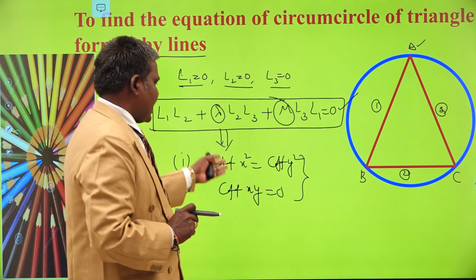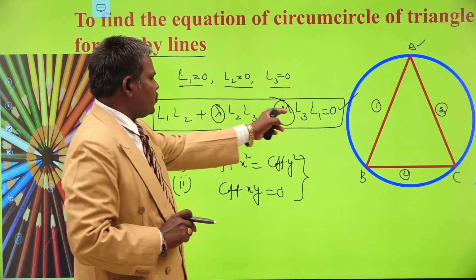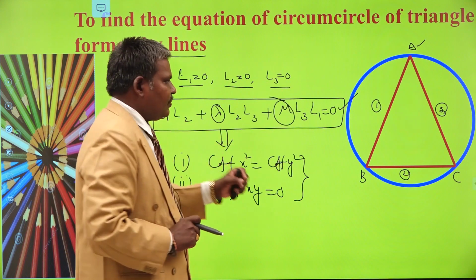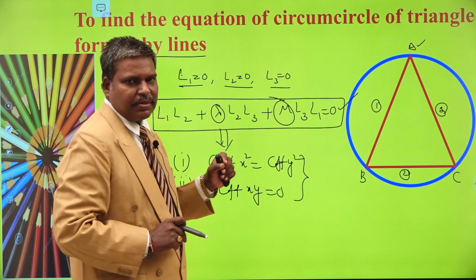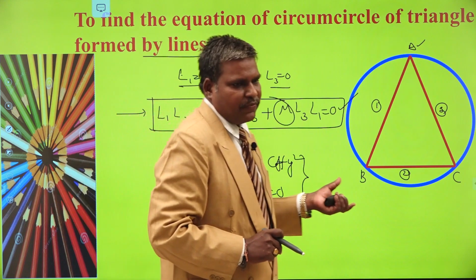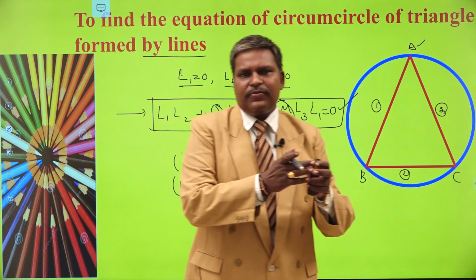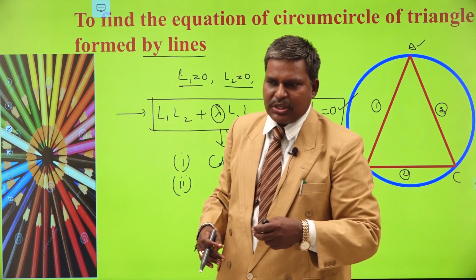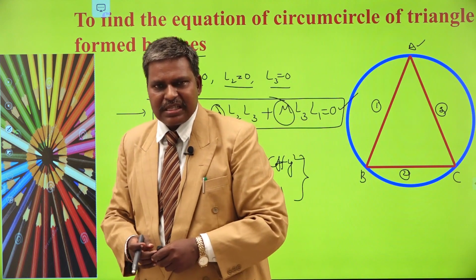Solve them, we get the lambda and mu values, substitute here itself and expand each and every term. Here we obtain the circle equation because there is no xy term and the coefficient of x square is equal to the coefficient of y square. We obtain it in the manner of ax square plus ay square plus 2gx plus 2fy plus c equal to 0, which always represents a circle.